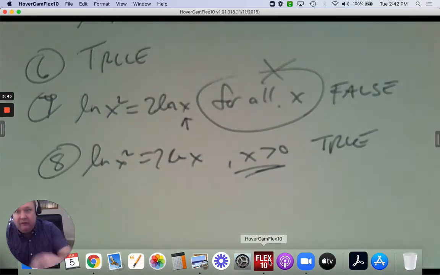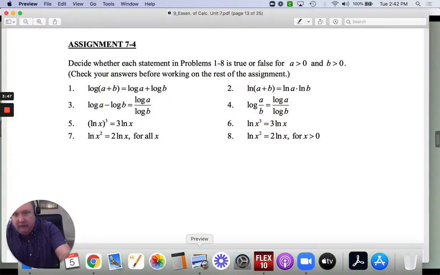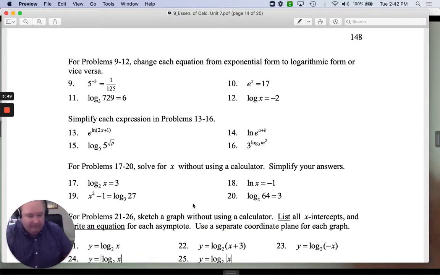Just reminding yourself of properties of logarithms. Next page, number 9. Can you change something from logarithmic form to exponential form and vice versa? Let me just write these down, and then we'll do them. So number 9, number 10, number 11, give myself a little room, 12. These are all, I think, very basic pre-calculus kind of questions. 13, we'll see.